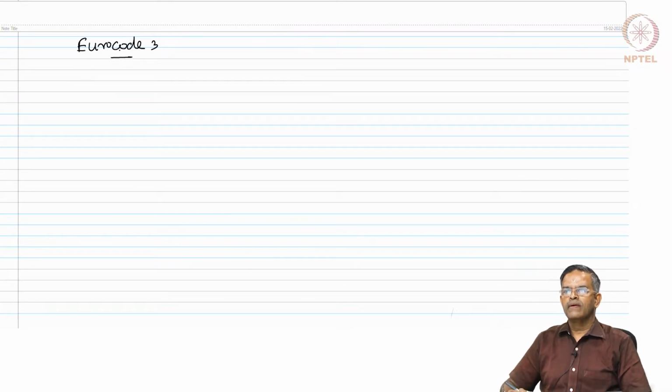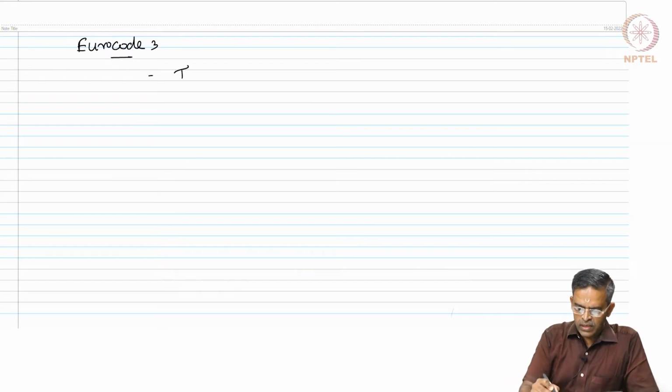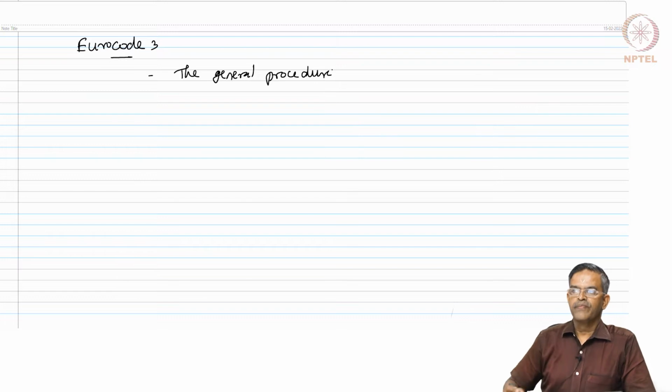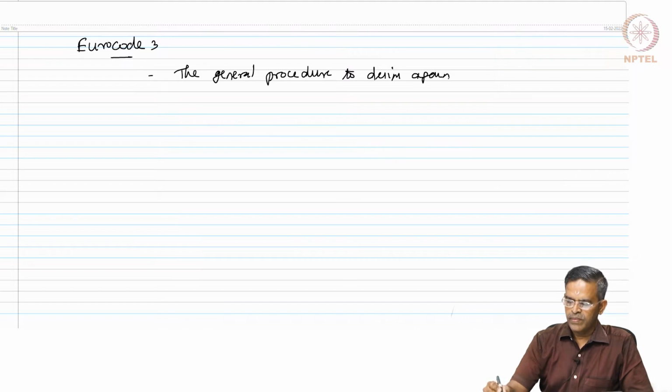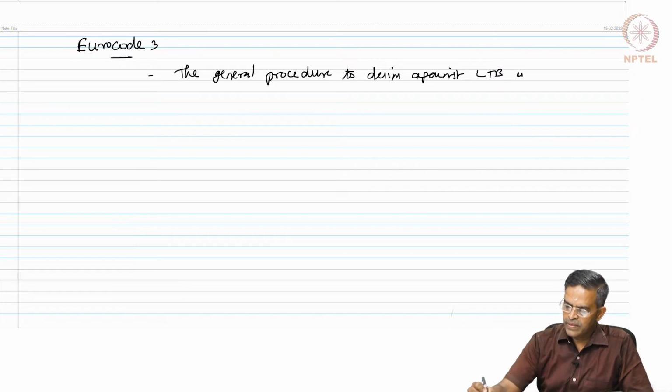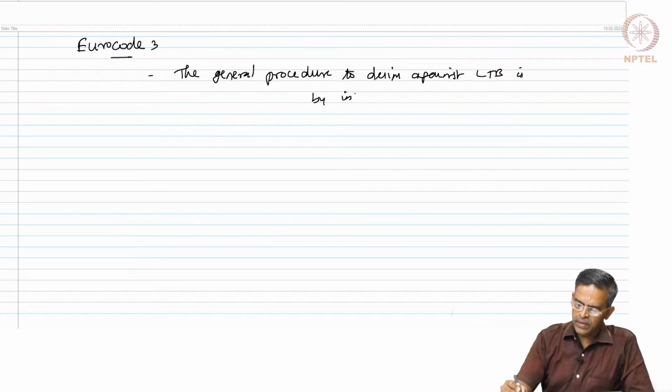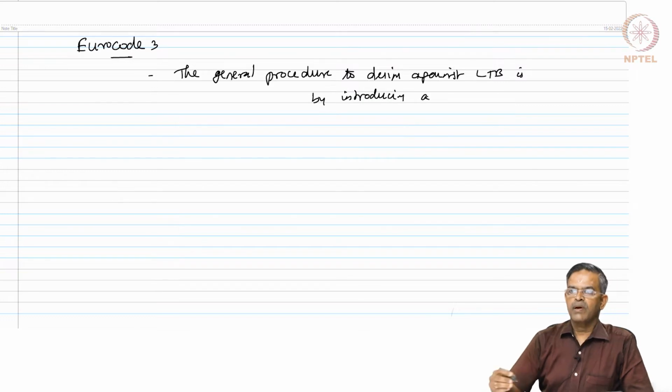The general procedure is described in this code. The general procedure to design against LTB is by introducing a buckling factor.